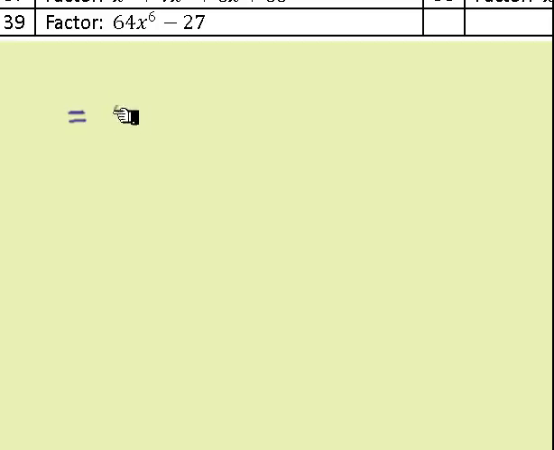All right, so let's write this as a difference of 2 cubes. So here, the cube root of 64 is 4. For the cube root of x to the 6, just divide that exponent by 3 and we get x squared. And here we have 3 cubed.